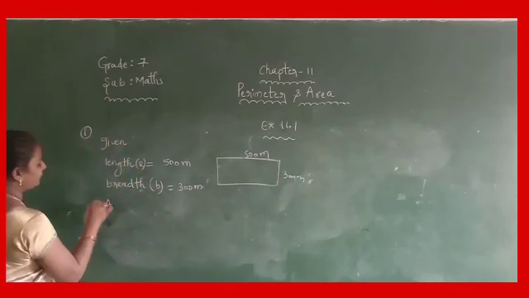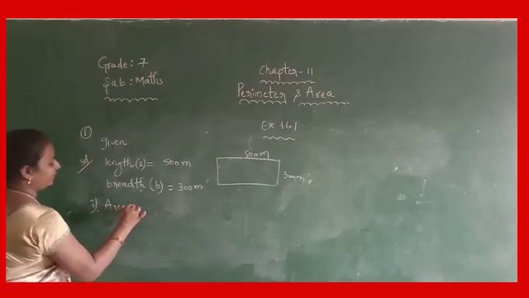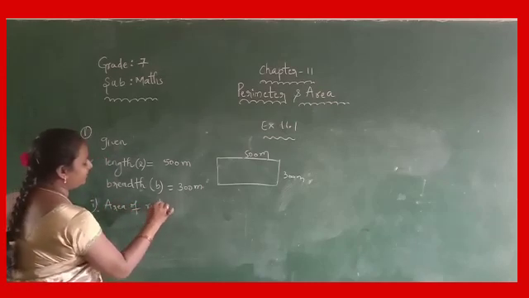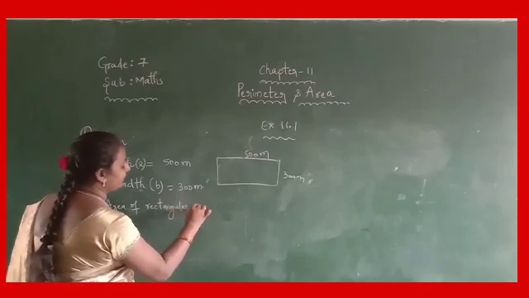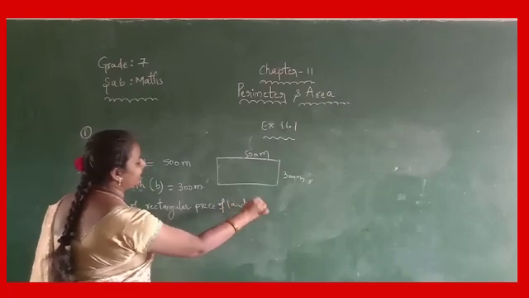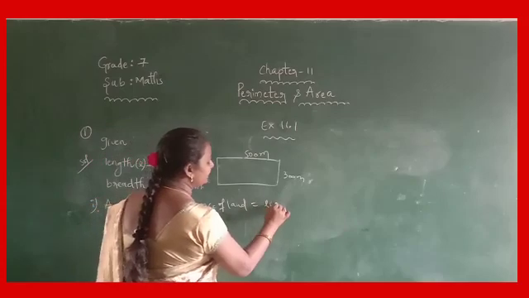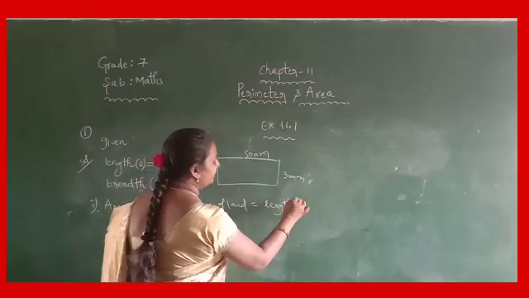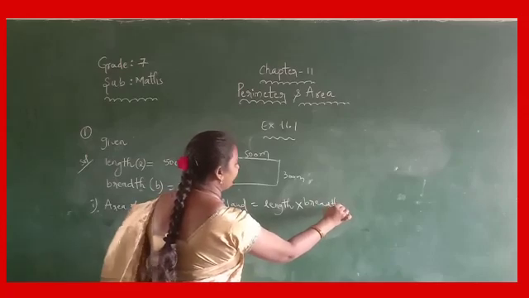Now first we have to find the area. Okay, so area of rectangular piece of land. We know that the formula for area of a rectangle is length into breadth.